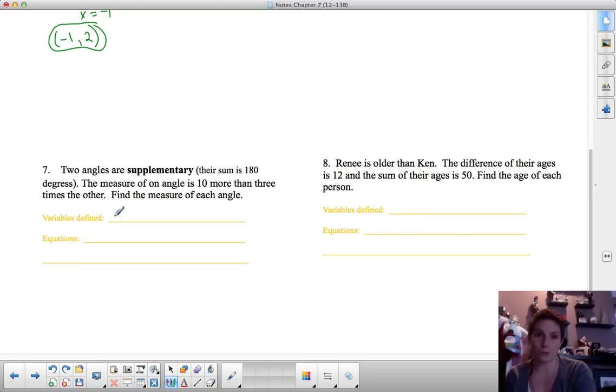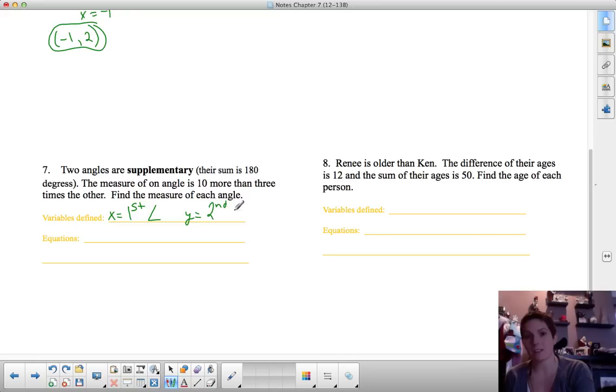So our first thing to do is to define our variables. Because we're allowed to use a system, we can use two variables, x and y. Since we have two angles, let's make x be the measure of the first angle. This is the symbol for angle. And let's let y be the measure of the second angle.